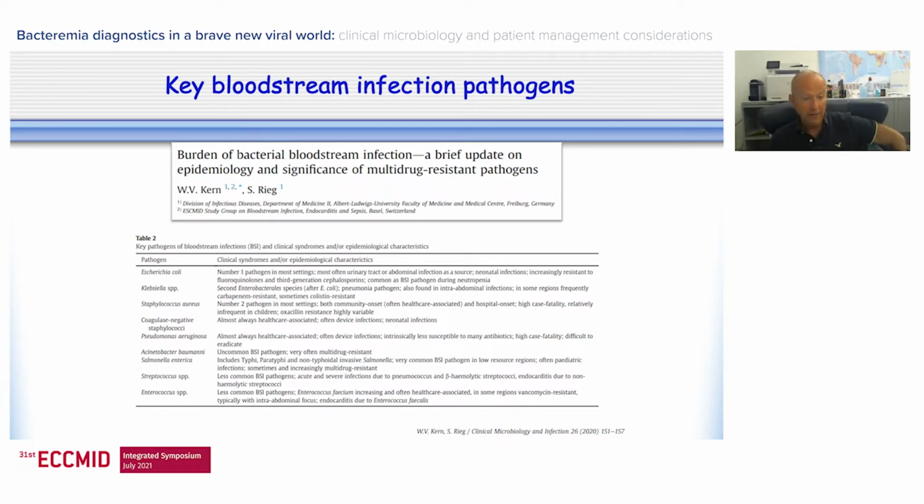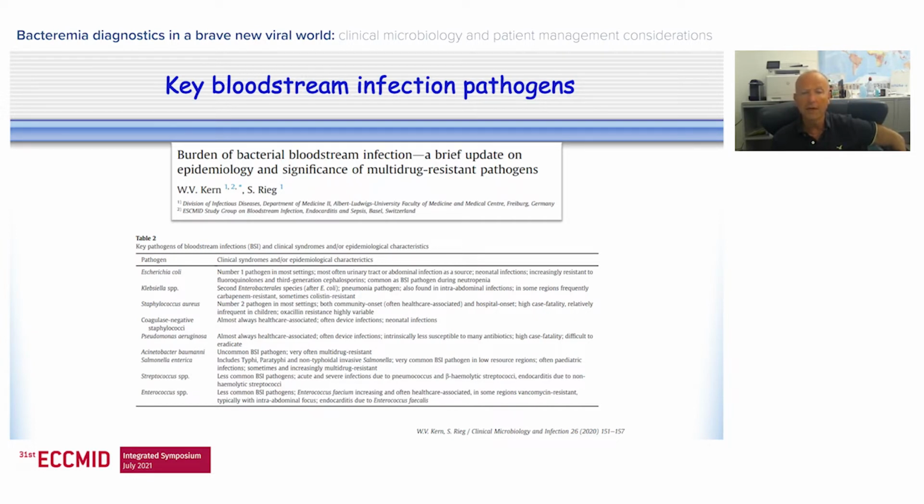And then you have Pseudomonas aeruginosa and Acinetobacter baumannii. For Pseudomonas, we know that it's most often related to infections of devices. The problem with Pseudomonas is that this bacterial species is intrinsically less susceptible to many antibiotics.